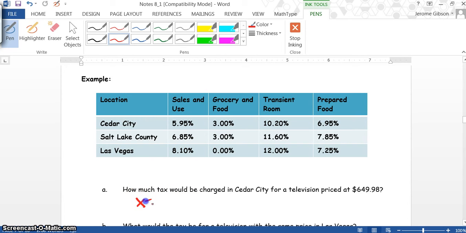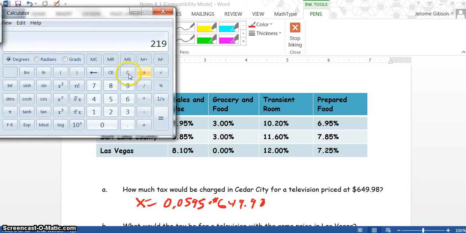So we will have X is equal to the percentage rate, 5.95%, which would be 0.0595, times the original cost. So we would take our calculator and we would take 0.0595 times $649.98.